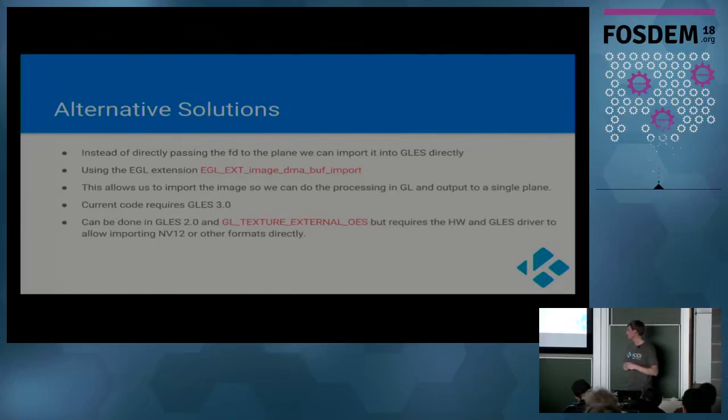So there are some other things that we can do with GLES2. There's this GL texture external OES call that we can use, and I've worked on it a little bit. I never actually got it fully working. It's working in MPV, I believe. But again, it depends on the hardware, and if the GLES driver actually supports importing of the NV12 format or not, which IMX6 doesn't.